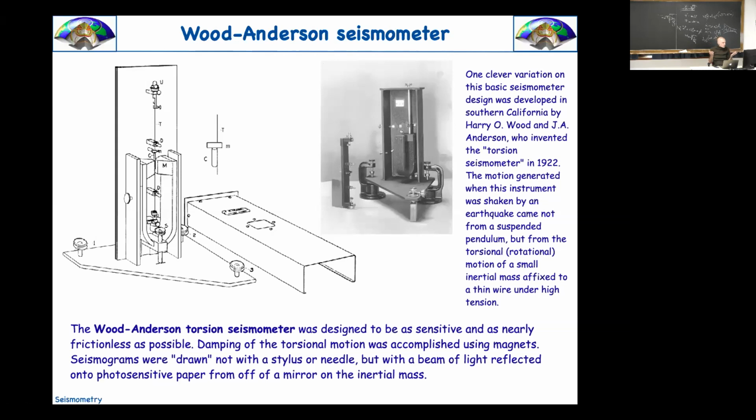They were probably the most famous seismologists at the time. They had been analyzing a relatively huge set of data, and using the recordings from this instrument here, they developed the idea of magnitude. That's why I'm showing you these slides.